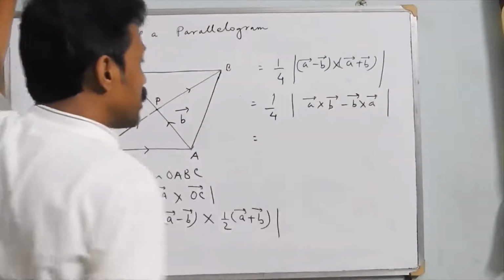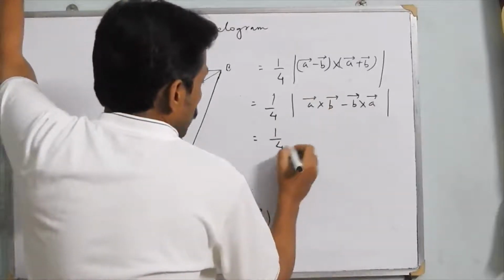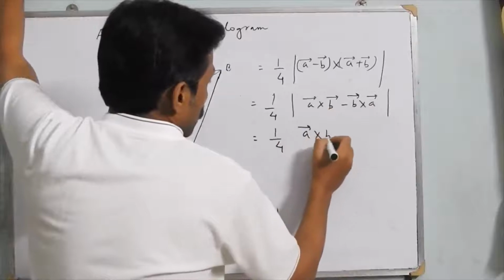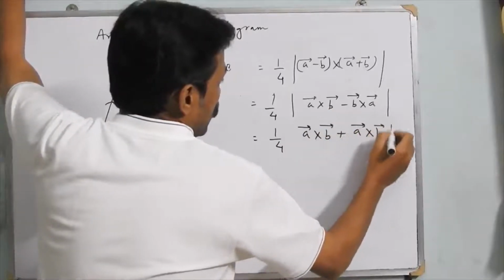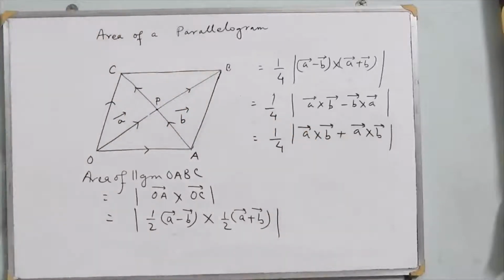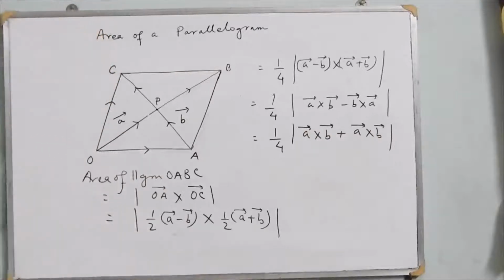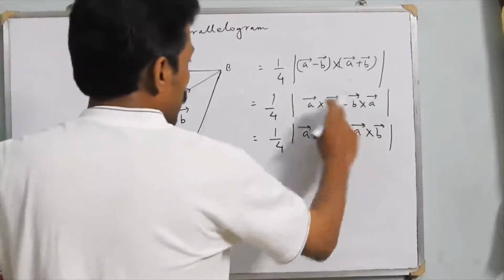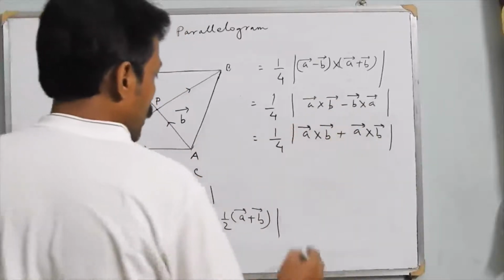Now minus of B cross A can be written as plus A cross B, because vector cross product is anti-commutative. B cross A is minus of A cross B, minus into minus it becomes plus.